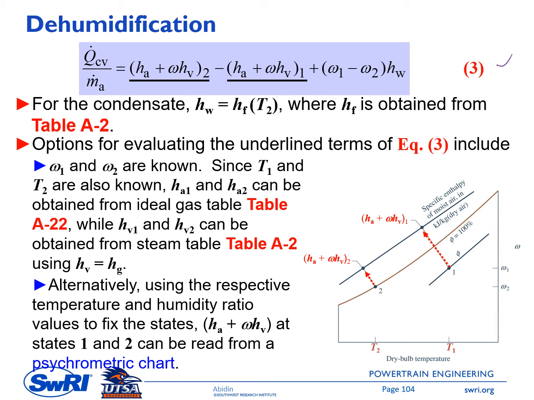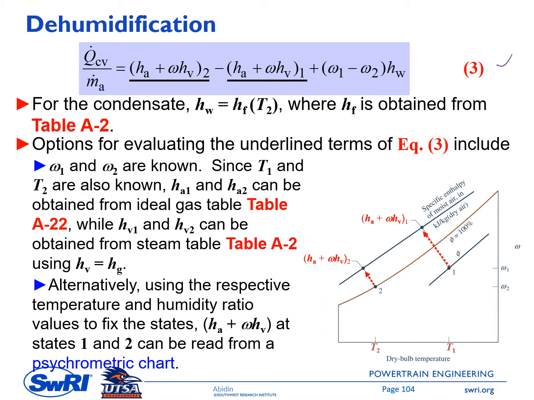The second option is using the respective temperature and humidity values to fix the state. In this case, we can use the psychrometric chart to get hA plus omega times hv.